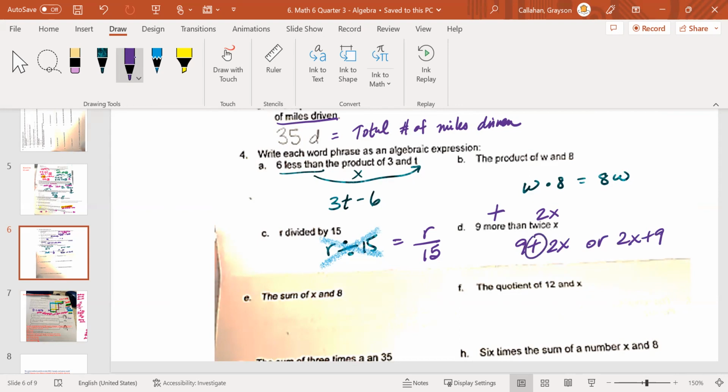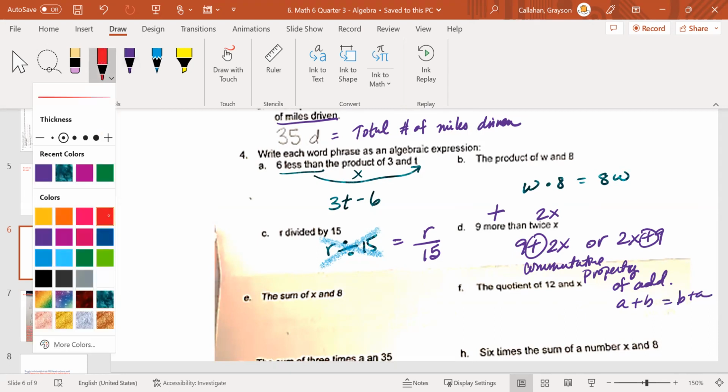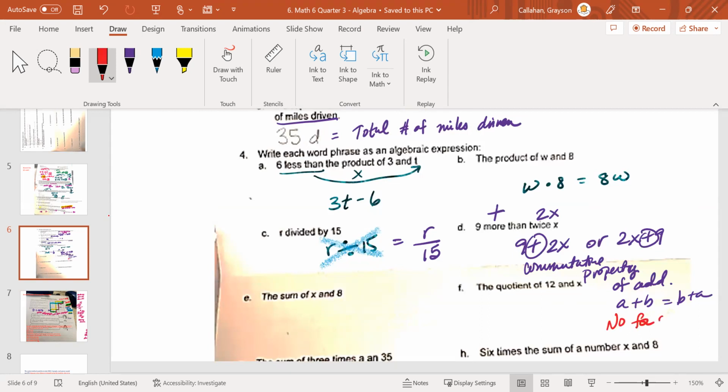With the plus, you could use the commutative property of addition, right? Which is a plus b equals b plus a. Do you see that? You can't do that for subtraction. A minus b is not the same thing as b minus a. Do you see that? Okay.